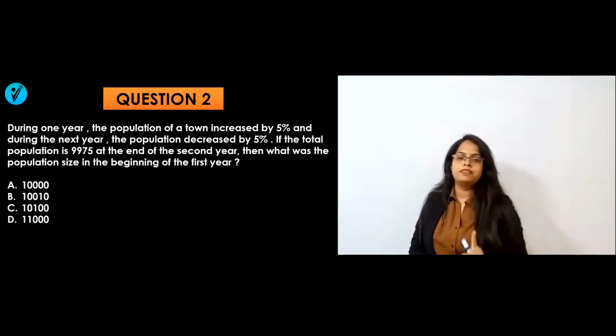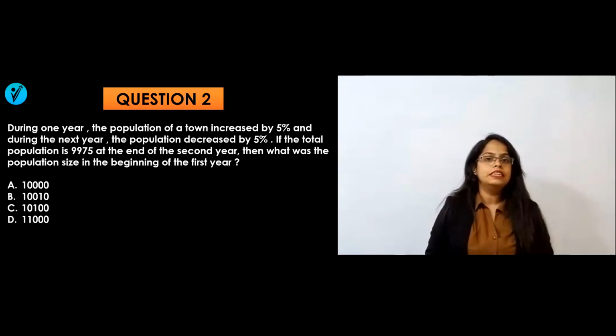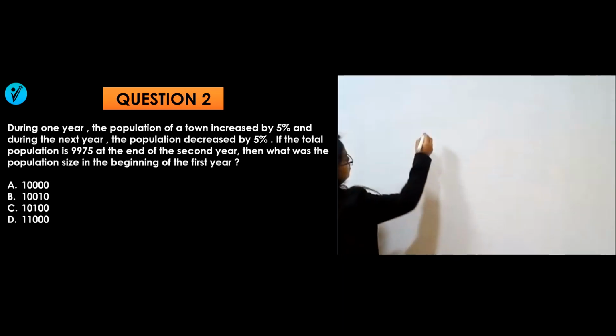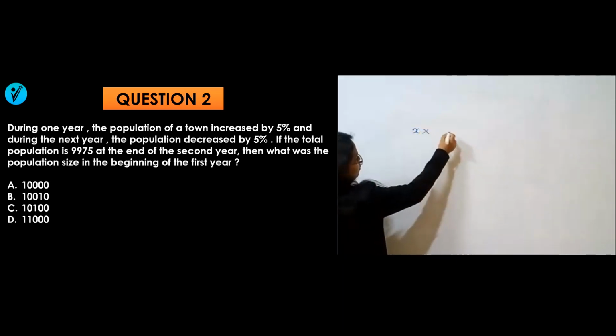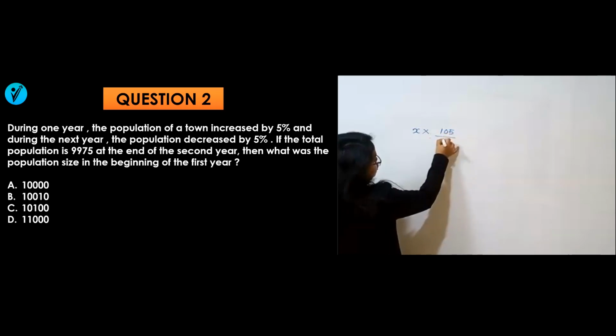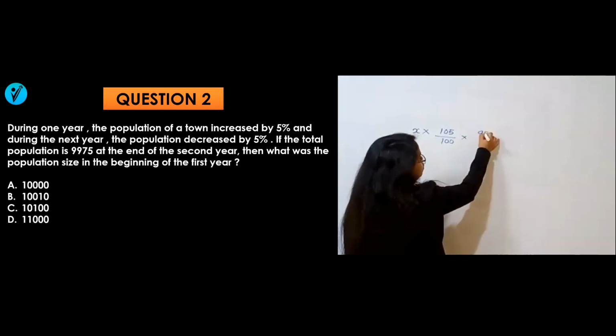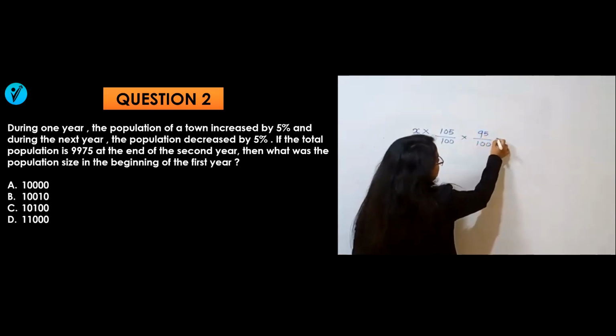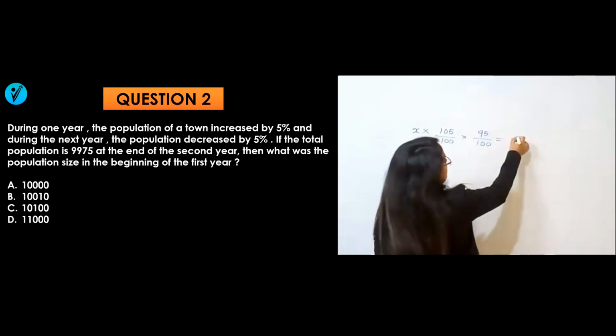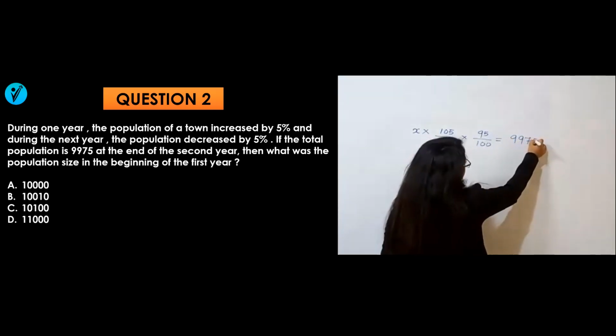In the first year, 5% increase; second year, 5% decrease. So suppose the initial population was X. In the first year, 5% increase means X into 105 by 100. Second year, 5% decrease means out of 100, it will be 95. So that it becomes 9975.